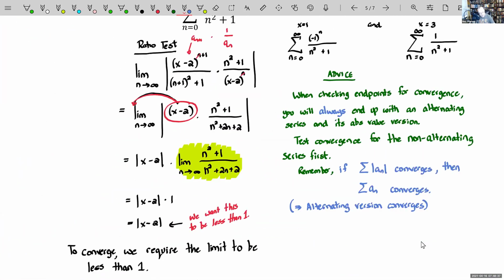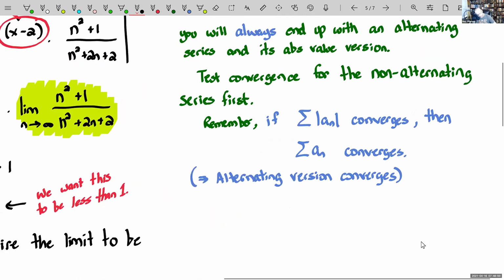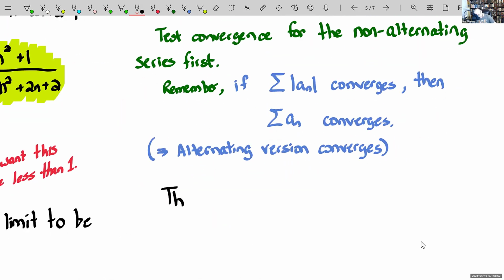Let's go ahead and test for convergence of the non-alternating series. And you can easily see the non-alternating series is going to converge because it's roughly 1 over n squared, but it's not exactly. We know it converges, but I'm just going to do it anyway.